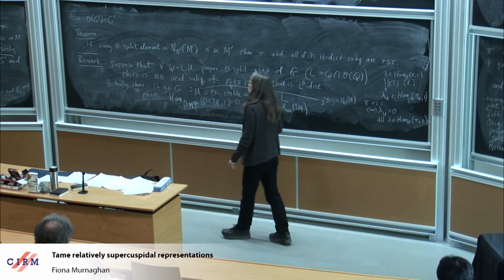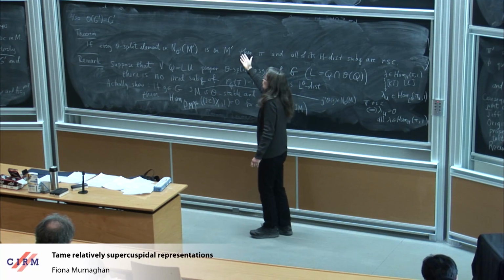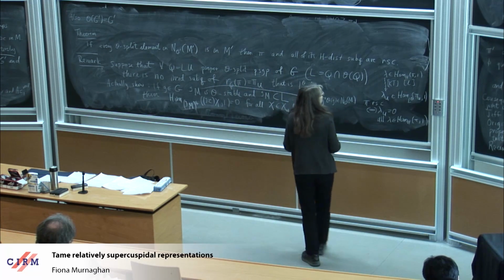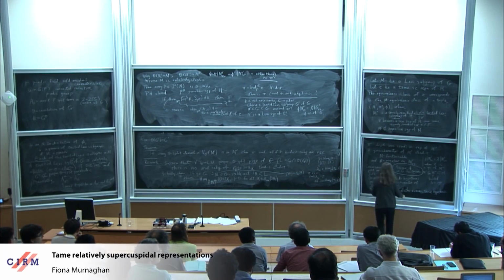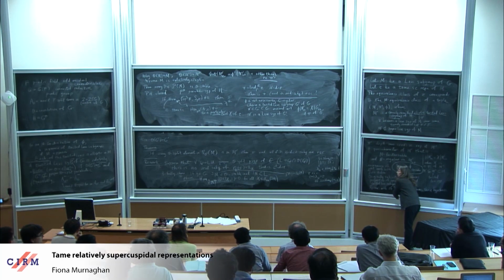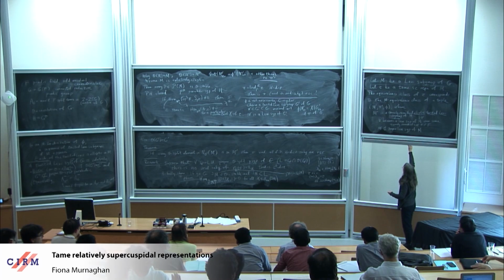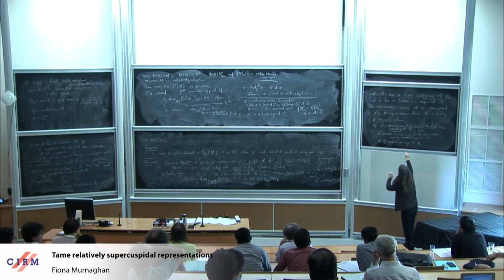There are lots of examples that also don't have this happening. So what happens in general, and I'll just make a few remarks on one of the sideboards because there isn't time to really explain it. There's actually not time to explain much of anything here because it is rather technical.